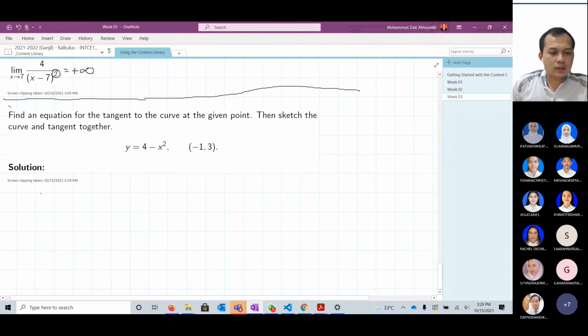First, we try to find the slope, which is m equals limit h goes to 0 of f of x0 plus h minus f of x0 over h. And in this case, we have minus 1 as x0 and 3 is f of x0.